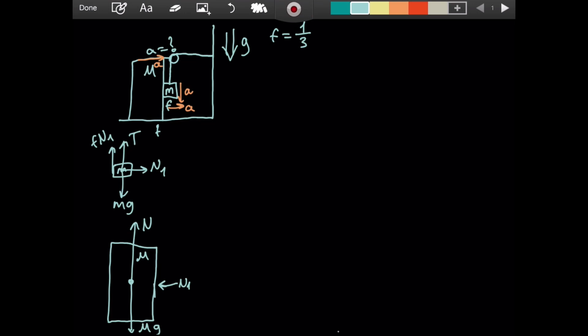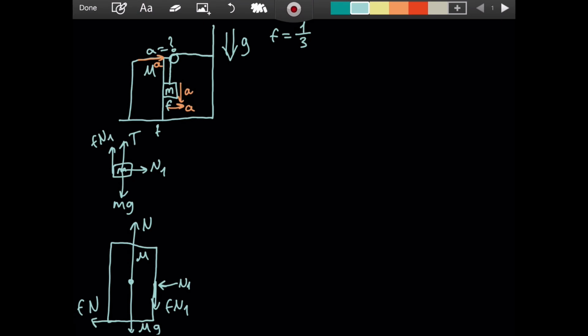Also, there will be a downward frictional force, F times N1. How do I know that it is downward? Well, Newton's third law tells me that every action requires a reaction, opposite in direction, equal in magnitude. But there are other forces as well. For example, there will be a force to the left. This is another friction, but it is this time F times N, because this is the frictional force by the surface, not by the other mass.